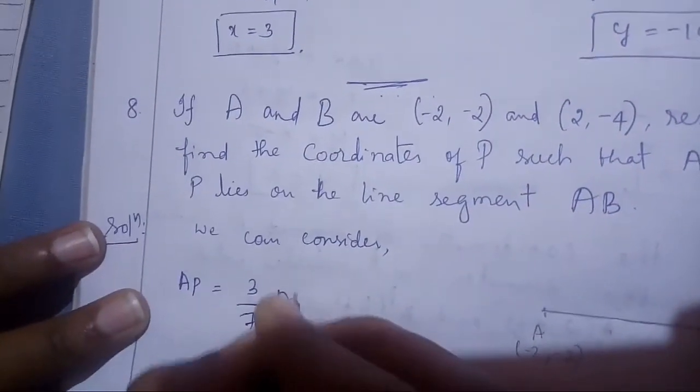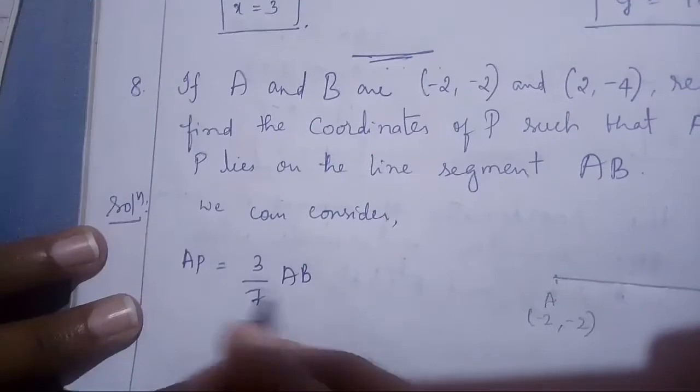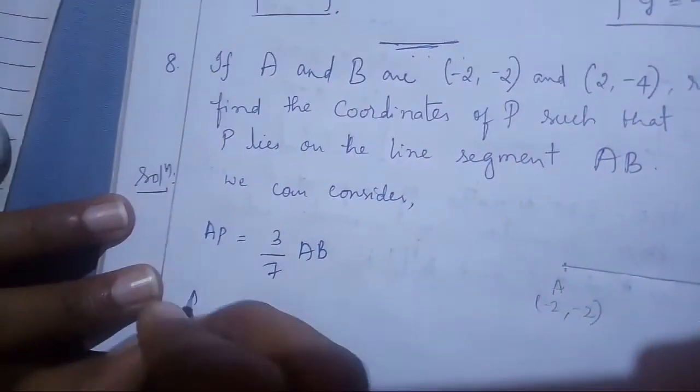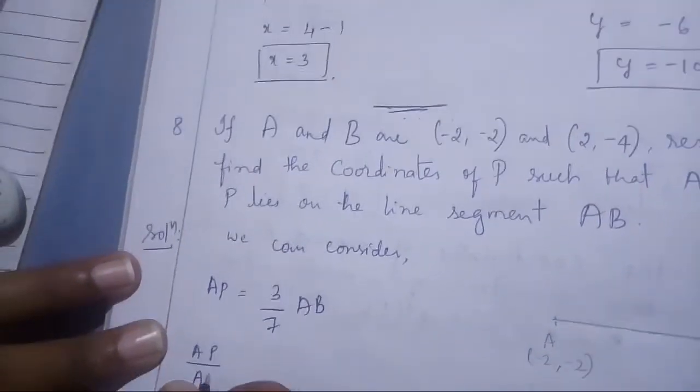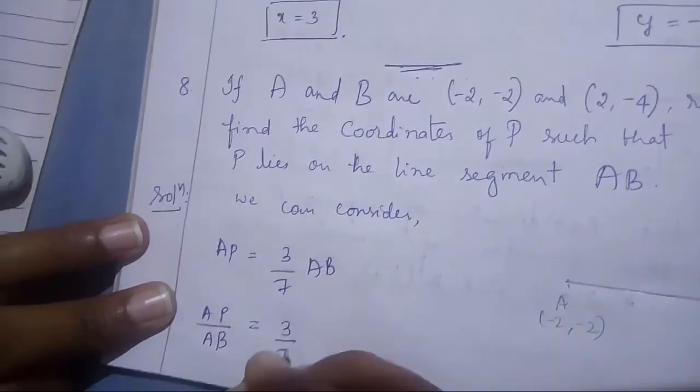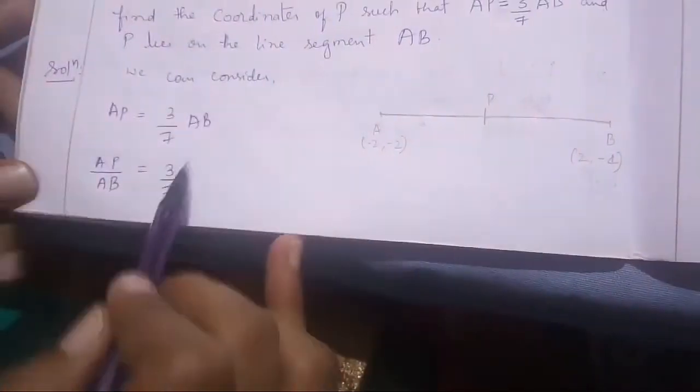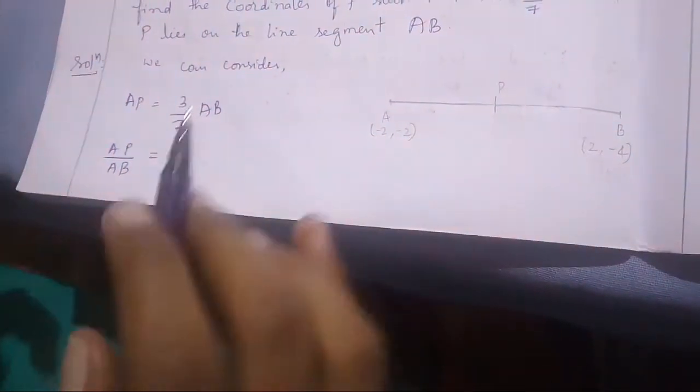3/7 AB. Now cross multiplication, take AB to the denominator, that is AP by AB is equal to 3/7. I can take this number as a reciprocal. That means after taking reciprocal, we remain with AB by AP, that is 7/3.